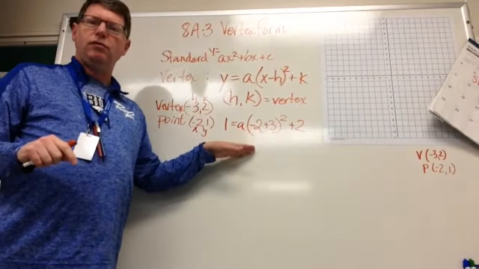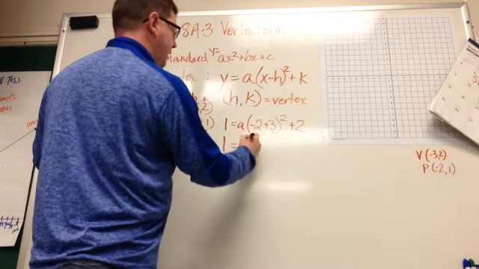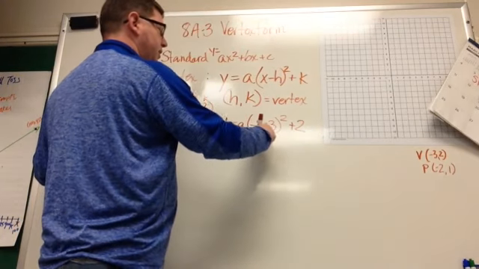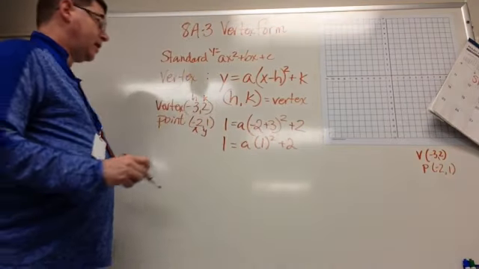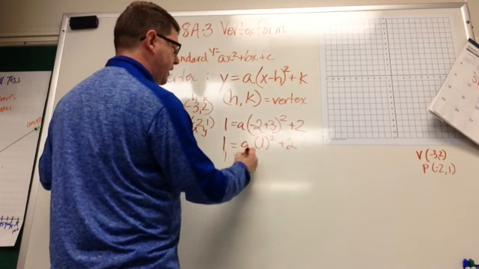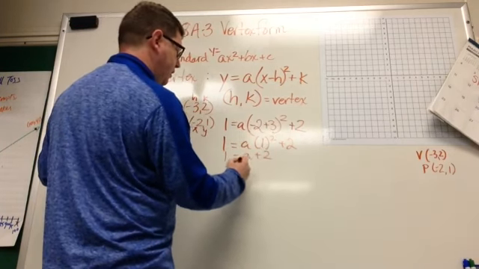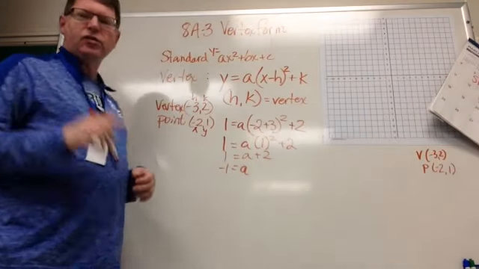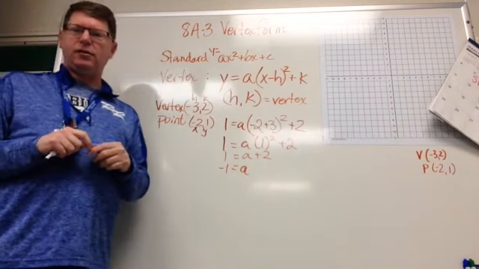Now I'm going to solve for a. So 1 equals a times -2 plus 3, which is 1, squared, plus 2. Now I know that 1 squared is 1, so all I have is 1 equals a plus 2. Move 2 to the other side, so a equals -1. So I just figured out that a equals -1.